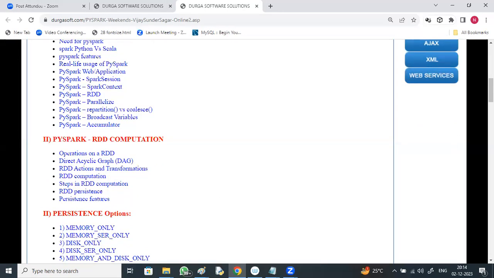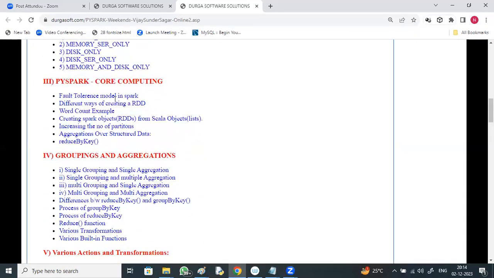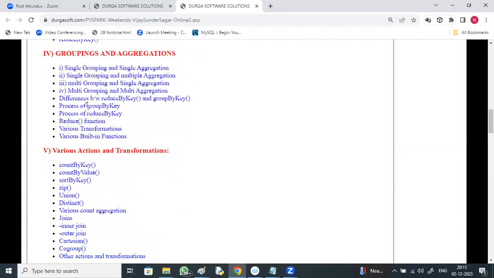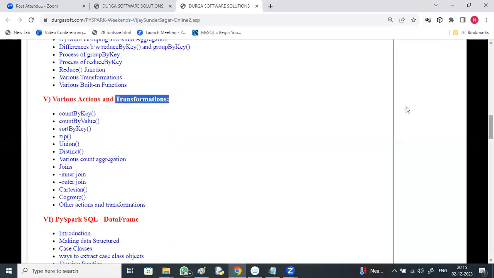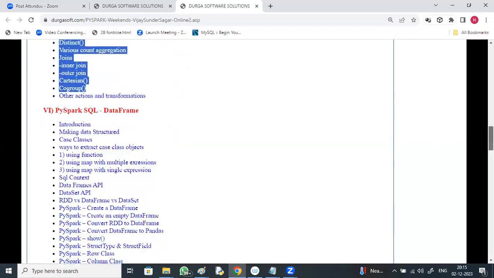RDD persistence features, persistence options, PySpark core computation, fault tolerance model, creating Spark objects, increasing the number of partitions, aggregations over the data, groupings and aggregations, single grouping, multi-grouping, single aggregations, multiple aggregations, process of group by key, reduce by key, various inbuilt transformations. What are the various actions and what are the various transformations, one by one? All these are inbuilt.